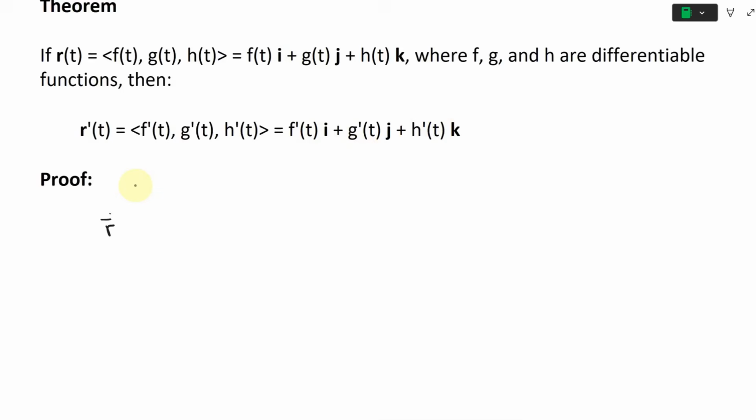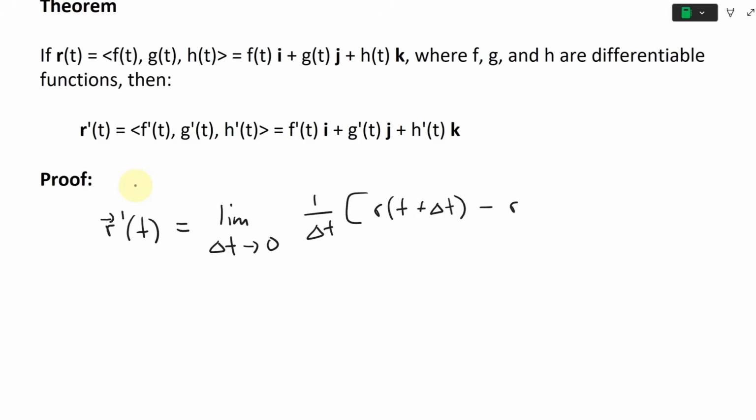So r prime of t is equal to the limit as delta t goes to 0 of 1 over delta t times r of t plus delta t, minus r of t. This is a secant vector, and this is a vector.